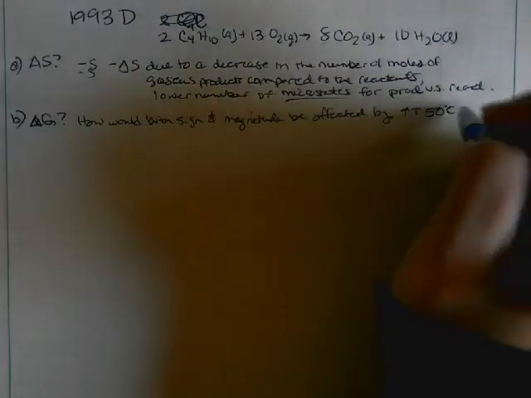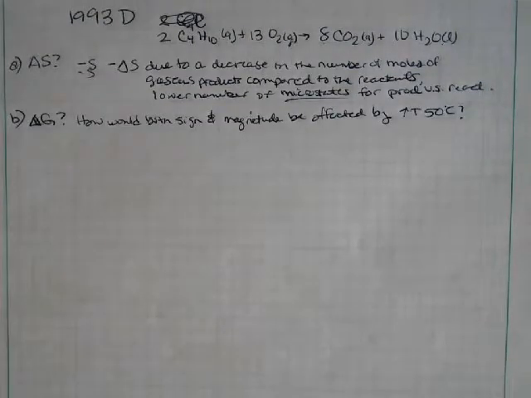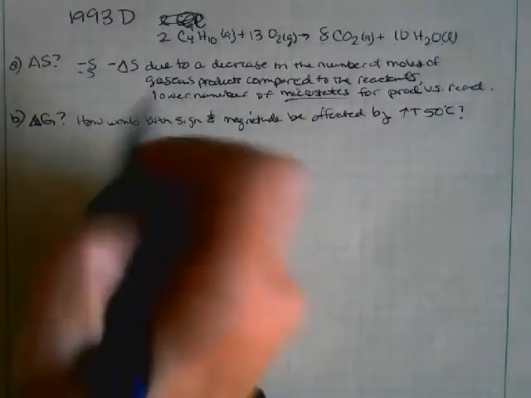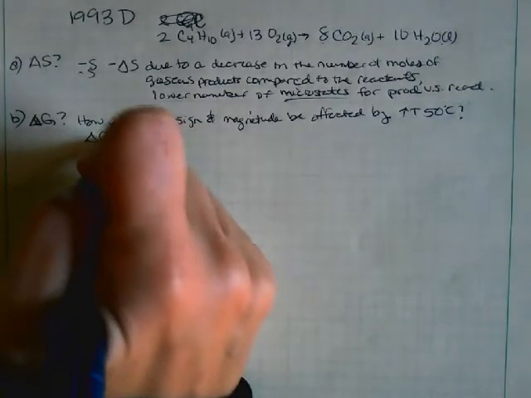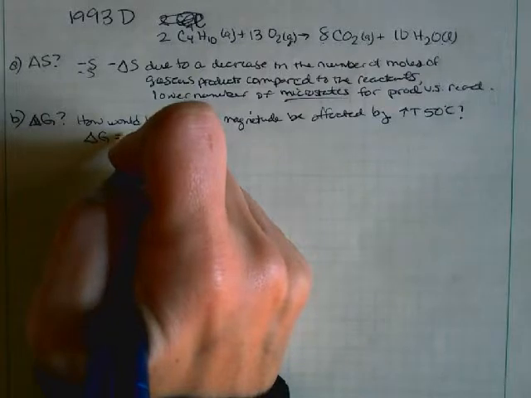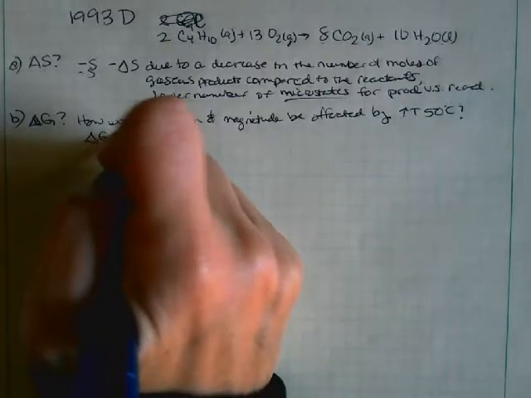So let's take a look. For right now, delta G is less than 0.